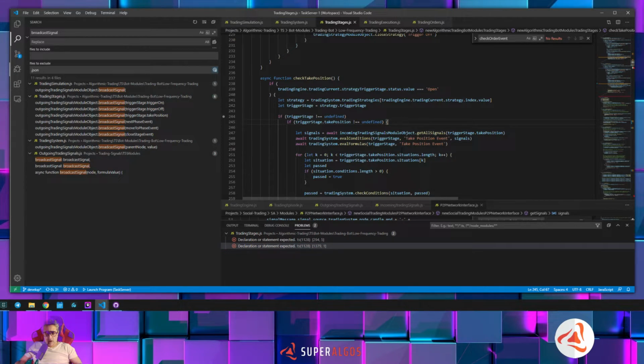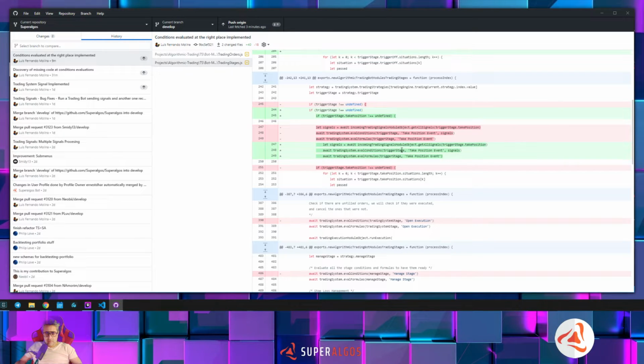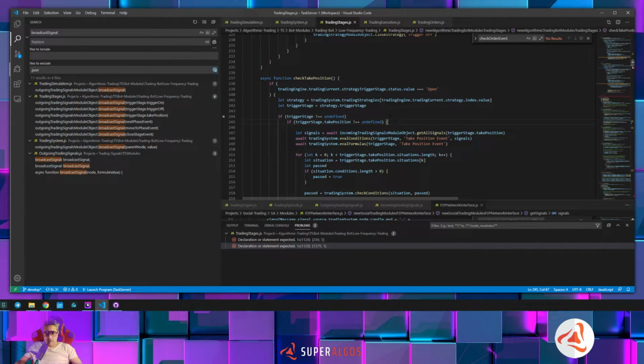Well, I see the bracket. Here, there used to be a bracket.